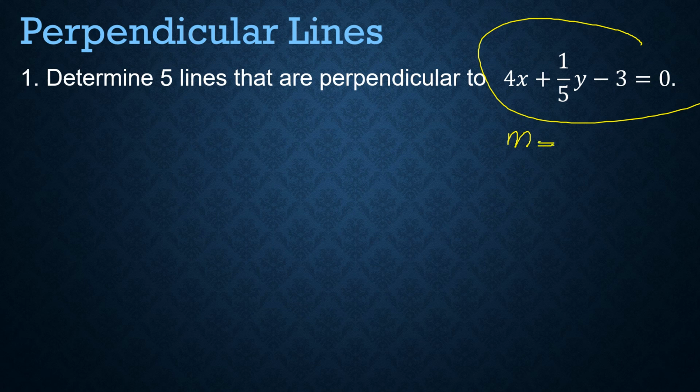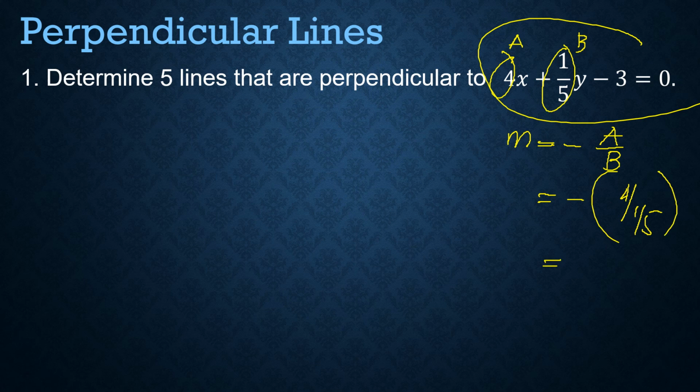So the slope of this line, using the formula negative a over b, where a is equal to 4 and b is 1/5, so we have negative 4 over 1/5. And that will be equal to negative 20 when we get the reciprocal of 1/5, which is 5, and multiply that to 4 will give us 20, and there's negative, so negative 20.